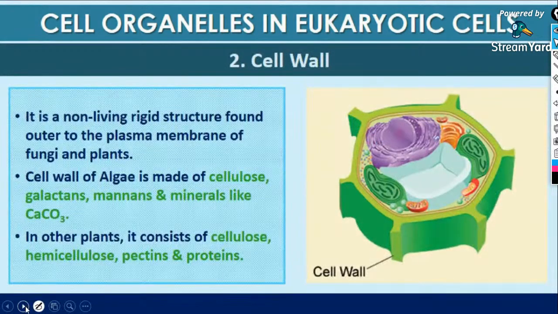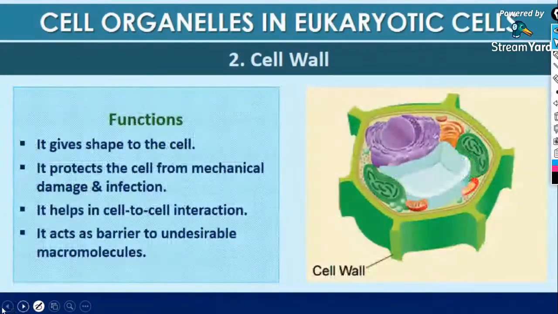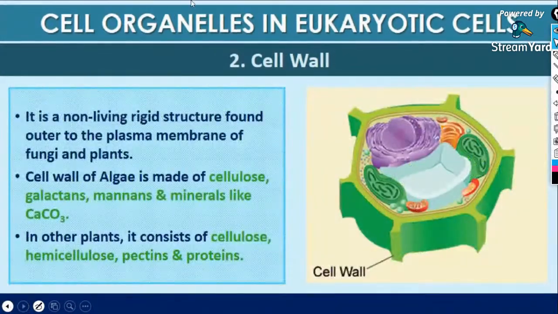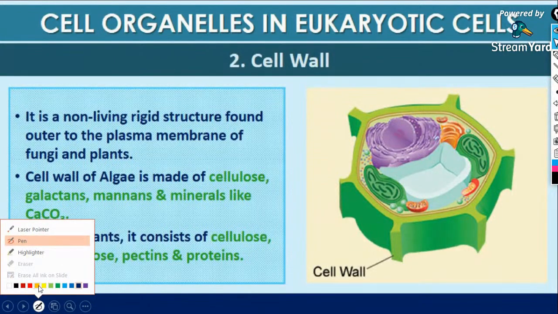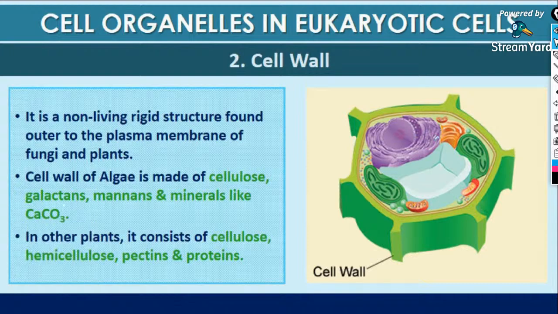Next is cell wall. Cell wall is a non-rigid structure found outer to the plasma membrane of fungi and plants.